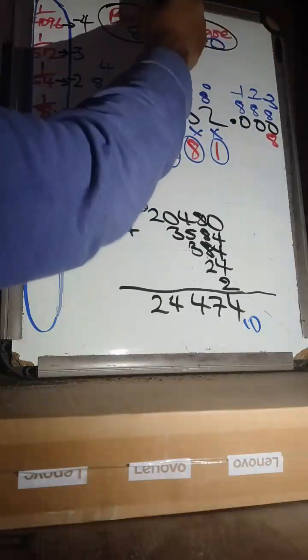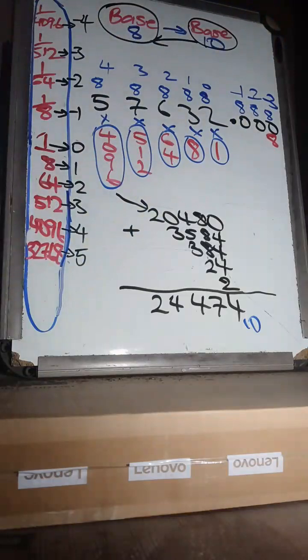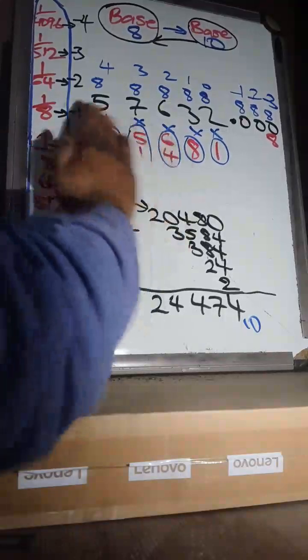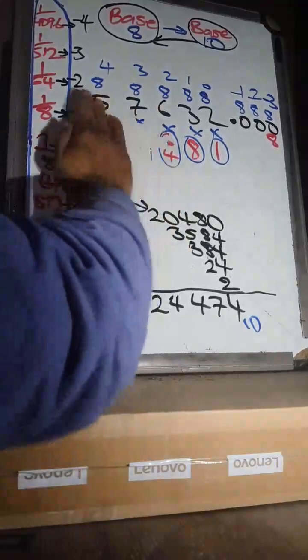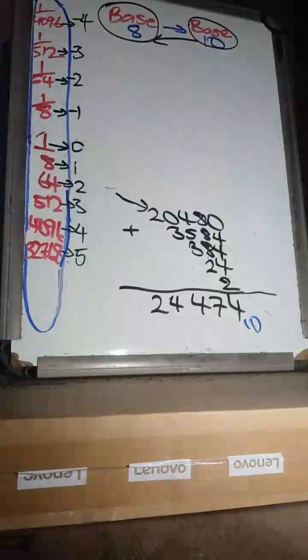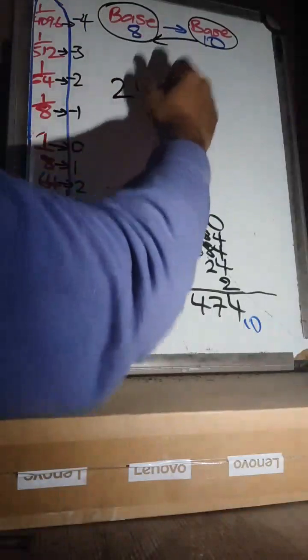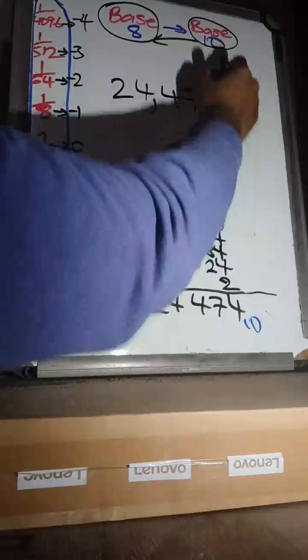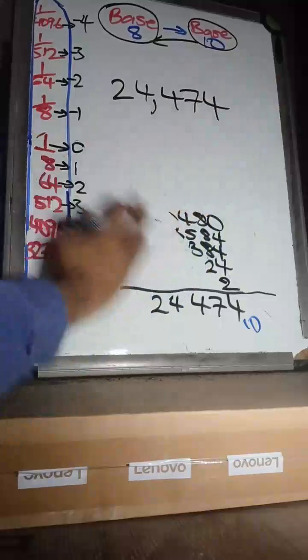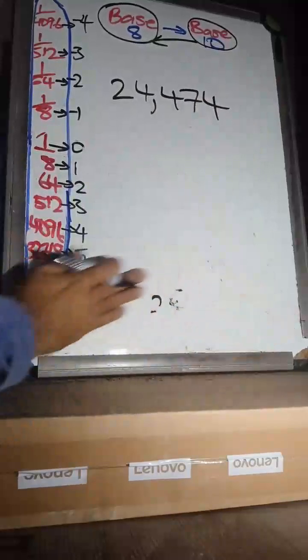Now we'll try and go back. So imagine we never knew all of this up here. And what they gave us is a normal number. The number 24,474.